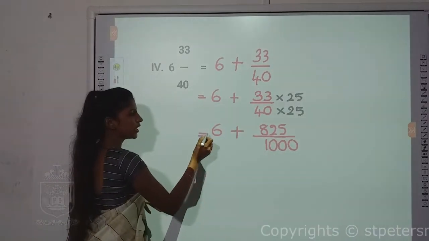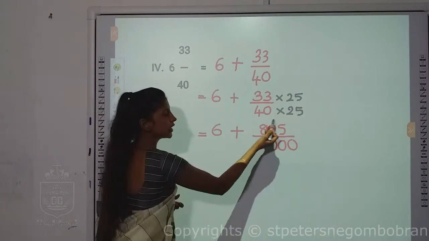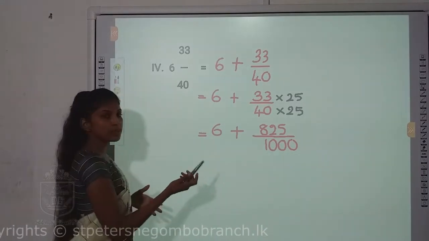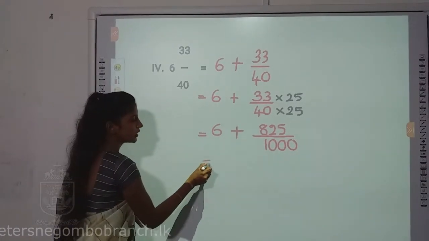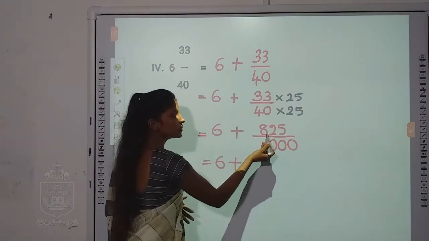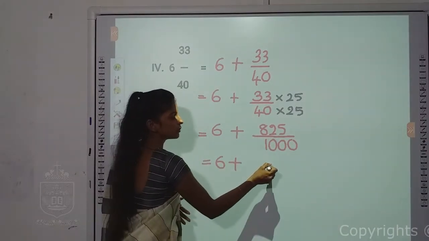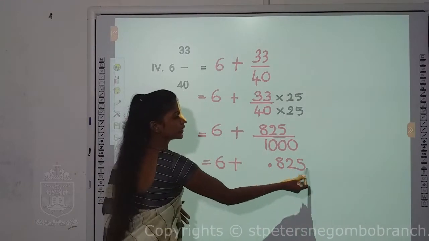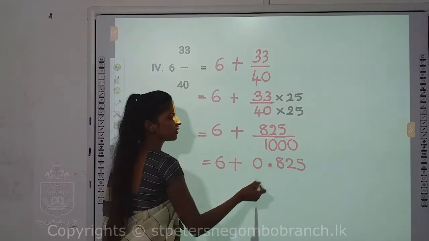The fraction part, now it is easy for us to write as a decimal number. Since it's a power of 10, there are 3 zeros, so it's easy for us to write it as a decimal like this. 3 zeros, 3 decimal places should be there. That means 0.825, 3 places. Put 0 in front of the point.